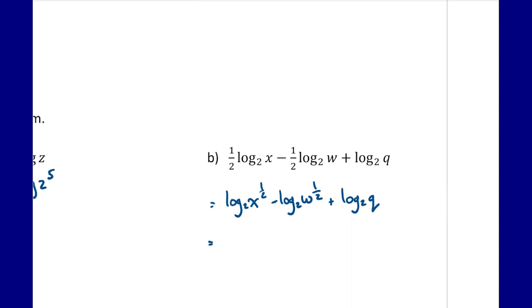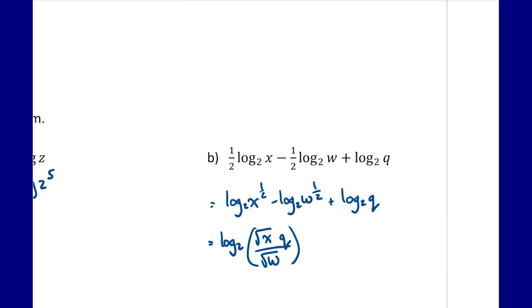I could rewrite this as log base 2. Because we have subtraction, that means we're dividing. So you could say x to the power of a half, or square root x, divided by square root w. And then we're multiplying because of the plus, multiplying by q.